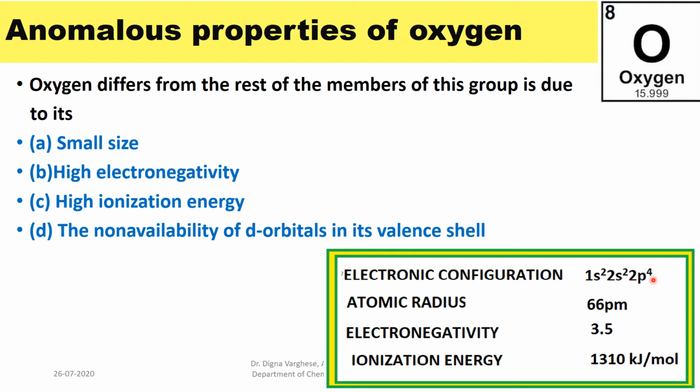So these are some remarkable properties of oxygen that differ from the rest of the members of group 16. Its small size, high electronegativity, high ionization energy and the non-availability of d orbitals differ from the rest of the members of group 16.